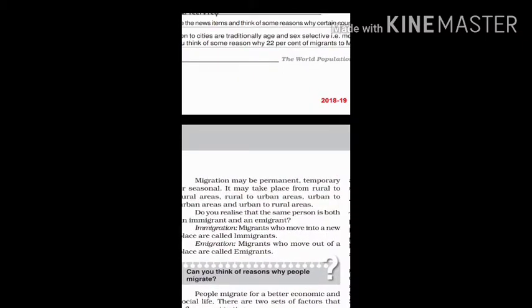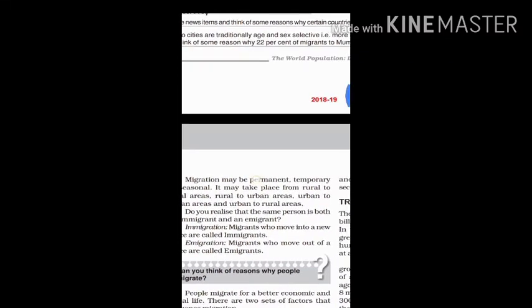Then comes temporary migration. Temporary migration means that people migrate temporarily. Suppose people migrate from your country to another country for jobs for 1 month, 2 months. That is called temporary migration.